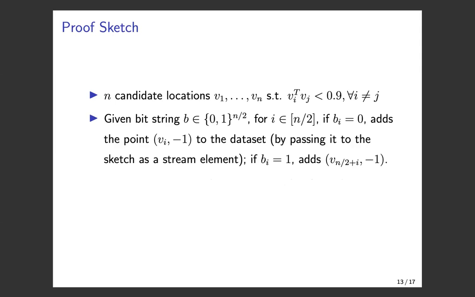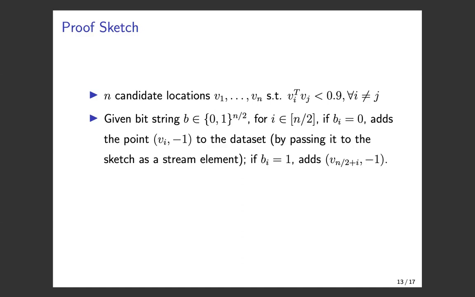Okay, and so Alice is given this bit string b of length n/2, and she will encode these bits by doing the following. So if the ith bit is 0, then she will add a point, you can call it vi, with label -1 to the data set. Okay, and this is again by basically adding this as a stream element to the sketch.